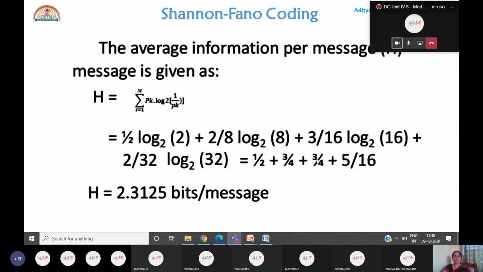So what is the coding efficiency for this Shannon Fano encoding process for this example?